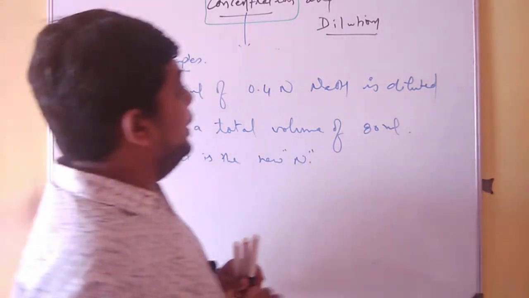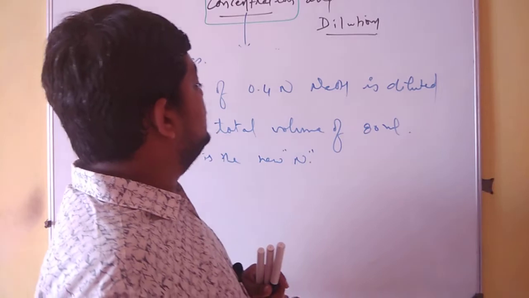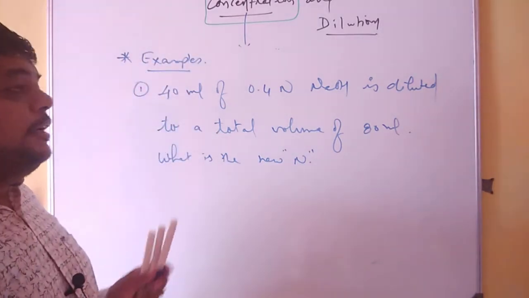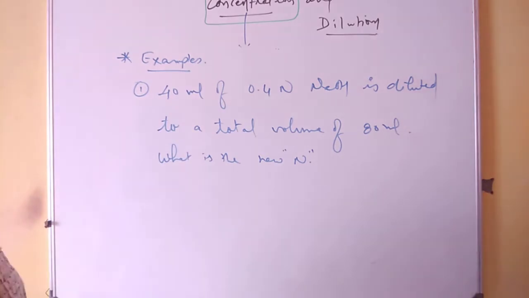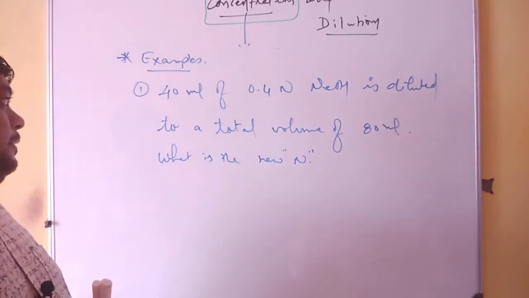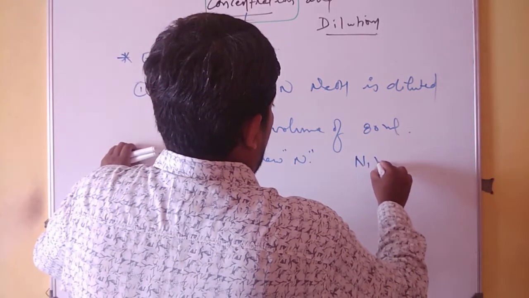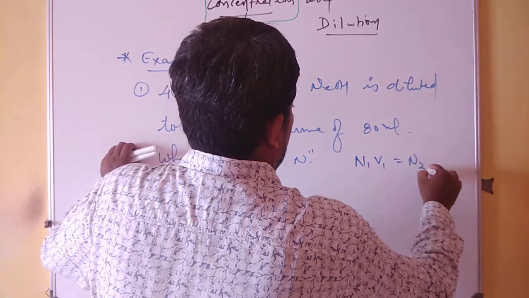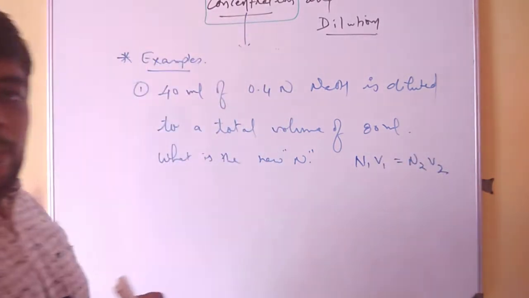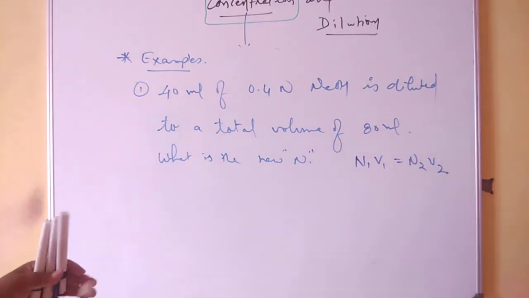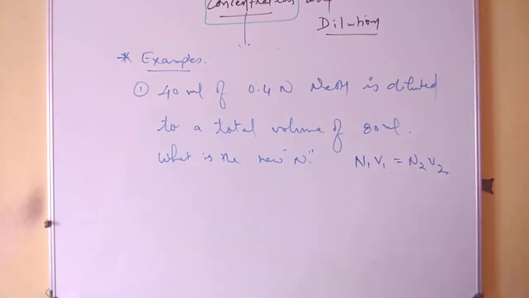In such types of numericals, you are always supposed to relate a few things, and that can be explained by the use of different equations. For example, for this question, we can write N1V1 is equal to N2V2, and in these four terms you will be given three terms and you are supposed to find the fourth one.